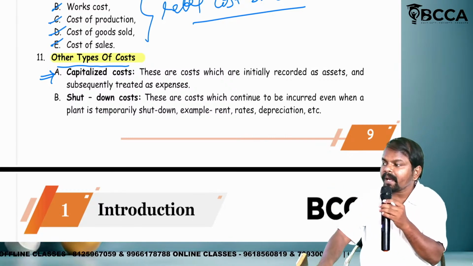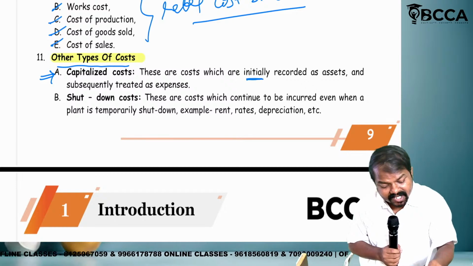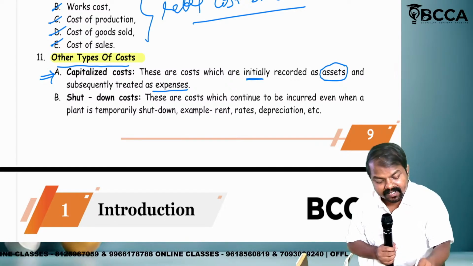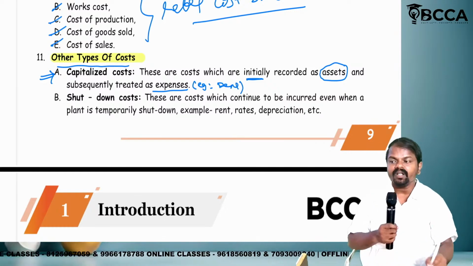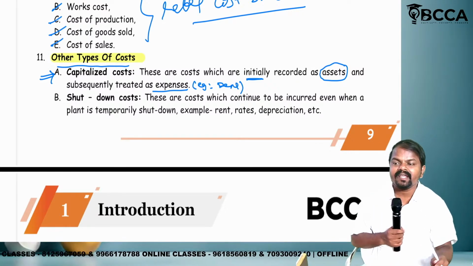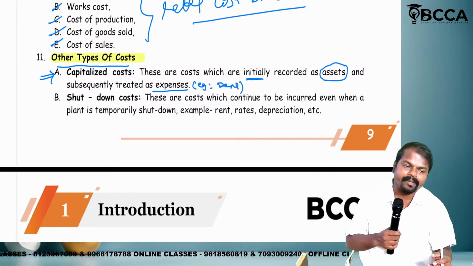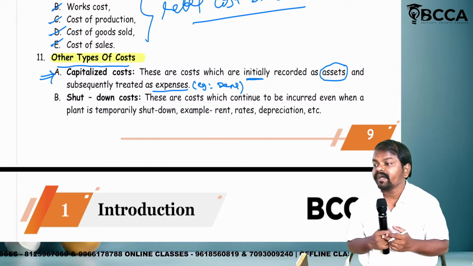This is called capitalized cost. These costs are initially recorded as assets and subsequently treated as expense, for example depreciation. Such a concept is called capitalized cost.